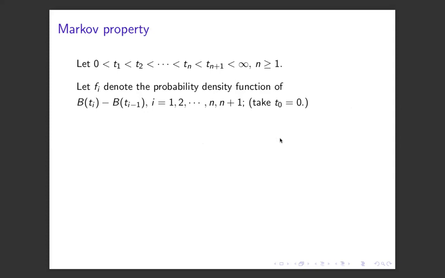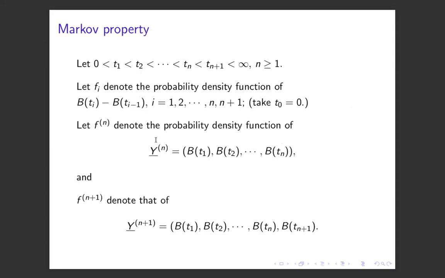And we denote by f^n the probability density function of Y^n, which is our (Bt1, Bt2, ..., Btn). In the same manner, f^(n+1) denotes the probability density function of this (n+1)-dimensional random variable (Bt1, Bt2, ..., Btn, Btn+1).